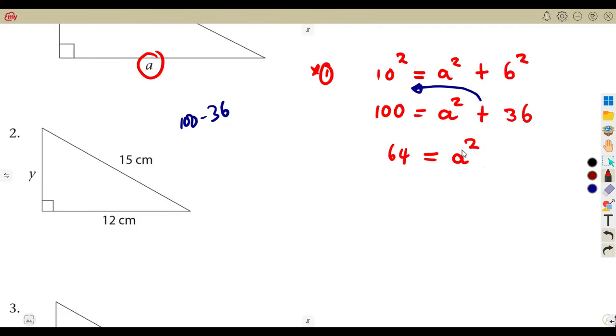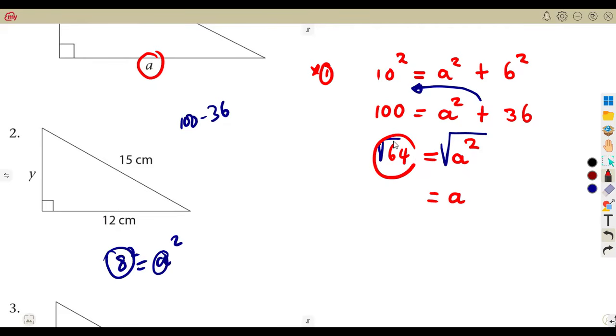So if 64 is equal to A squared, remember, how were you removing the square? You were introducing the square root, or you were writing this 64 as 8 squared is equal to A squared. So meaning to say A is equal to 8. Or you can introduce what? The square root, as we had before, to remove this square. So we are going to remain with the A. What is the square root of 64?